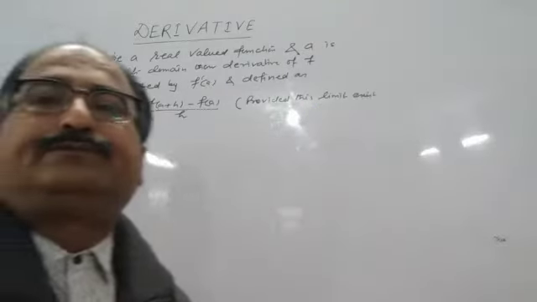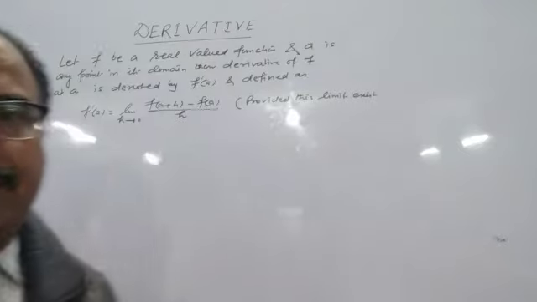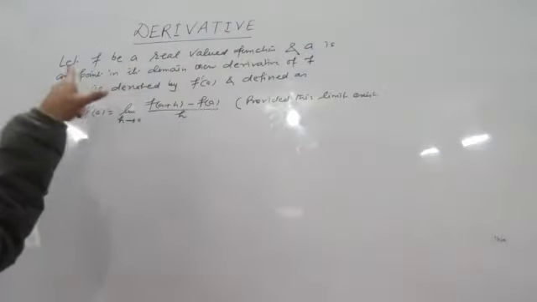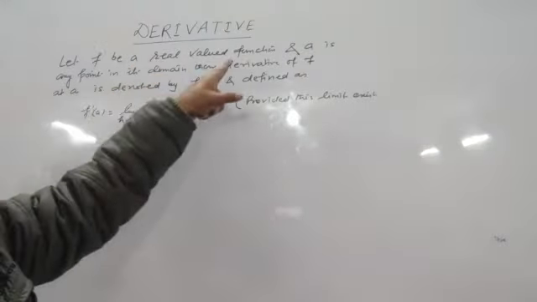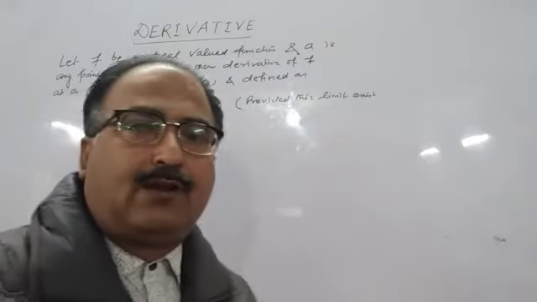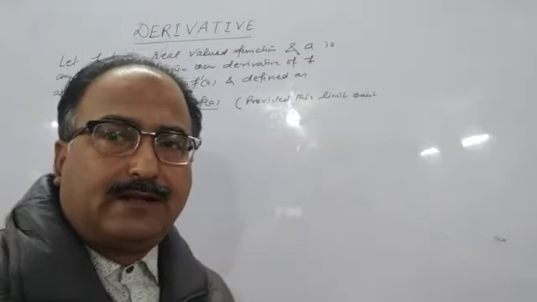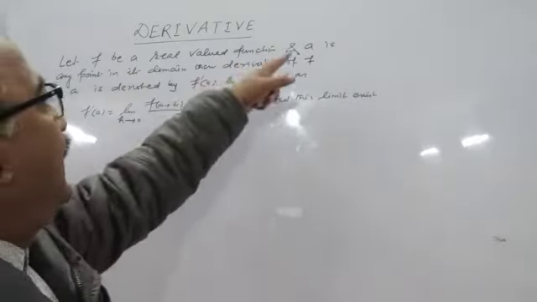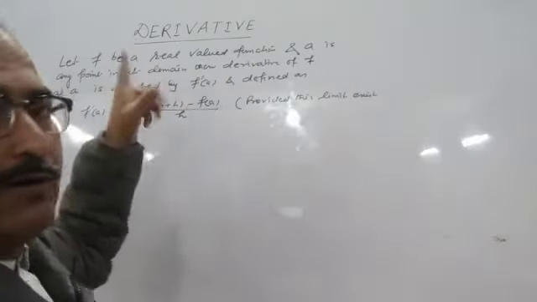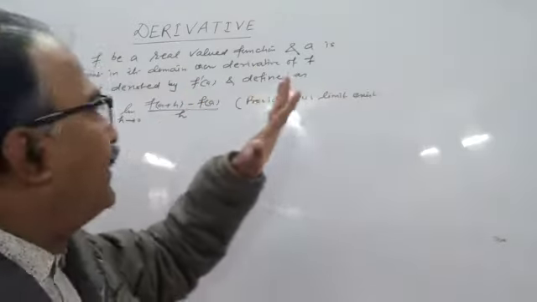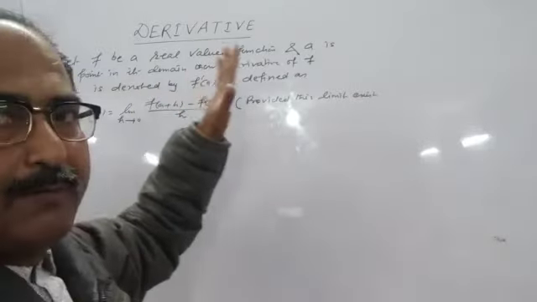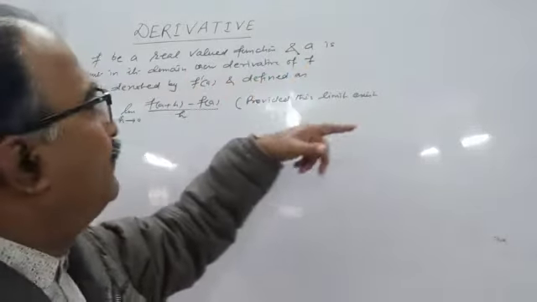Is it clear? What I write here? Derivative. Let f be a real valued function. Real valued means जिसकी रेंज रियल हो and a is any point in its domain, और a कोई पॉइंट उसके डोमेन में हो. डोमेन मीन्स उस पर फंक्शन डिफाइन.